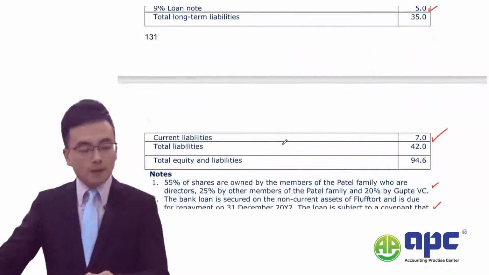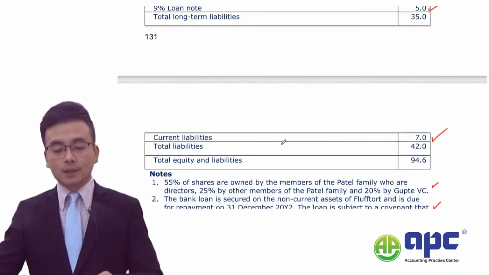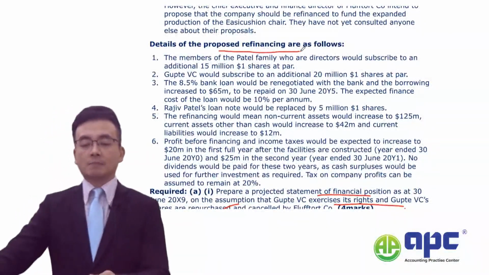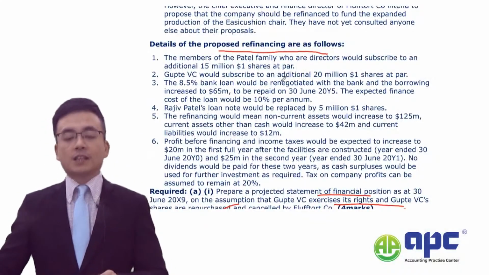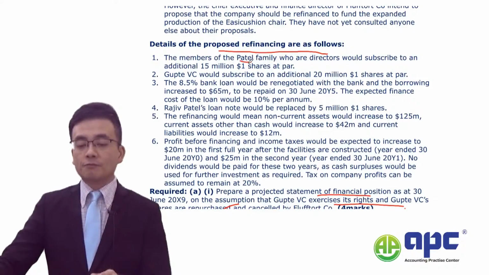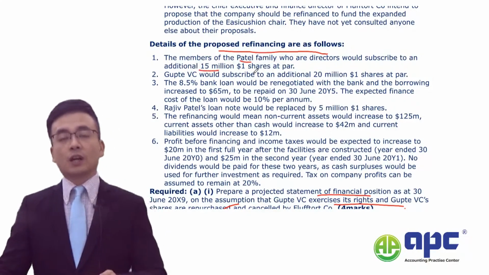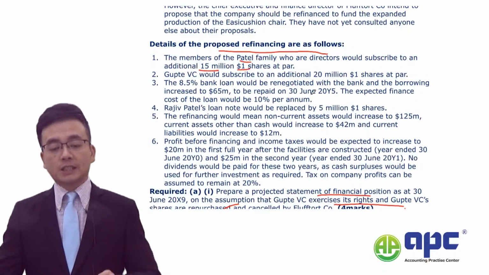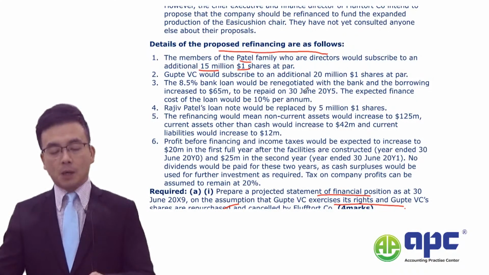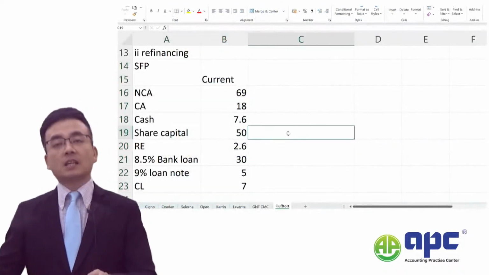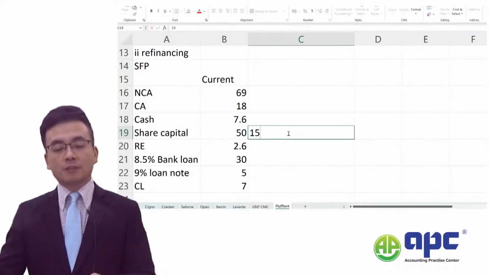But here, let's look at the details of the proposed refinancing scheme. Firstly, the members of the Pato family subscribe to an additional 15 million $1 shares at par. That means the share capital will increase by 15 times 1, so the share capital will increase by $15 million from the Pato family members.